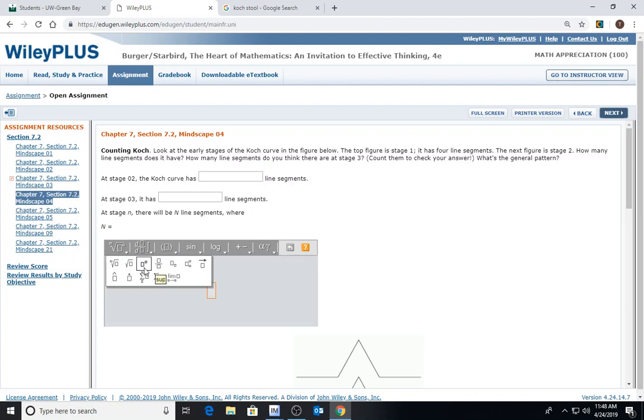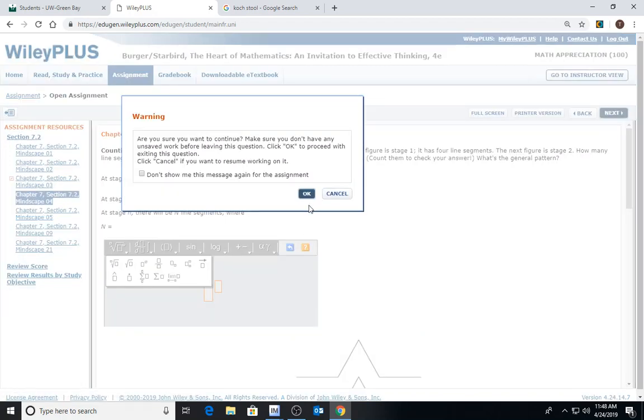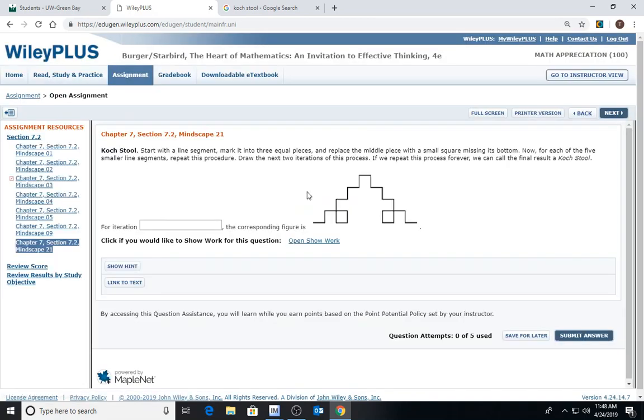So box raised to the box. Well, at any rate, this is the choice that you pick. So under the square root symbol, box raised to box. Okay? And then for 7.2, Mindscape 21. I just have no idea what it's asking me. Okay, so I think everybody might have a different picture here. So this is the Koch stool.